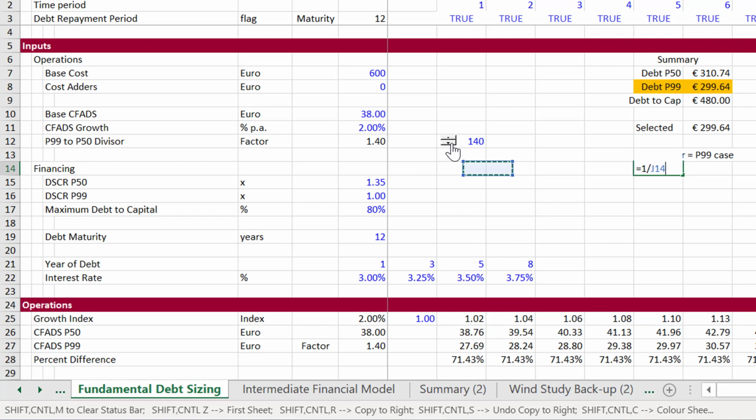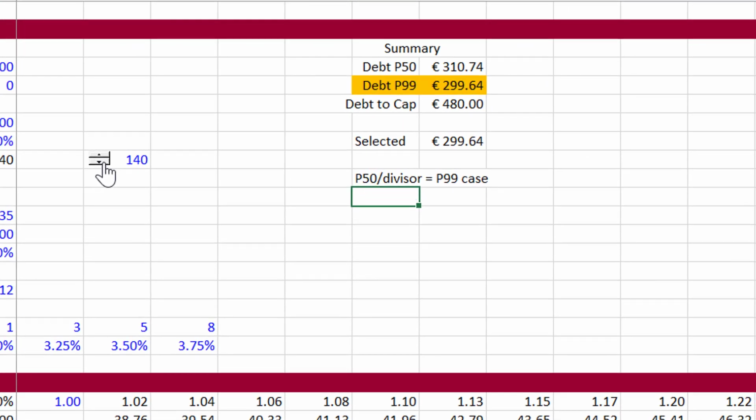1 divided by this is our 71%. So P99 divided by P50, I'll put an equal, and then that's 1 divided by this number.